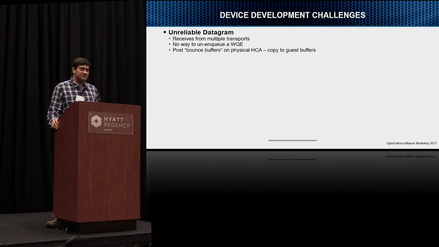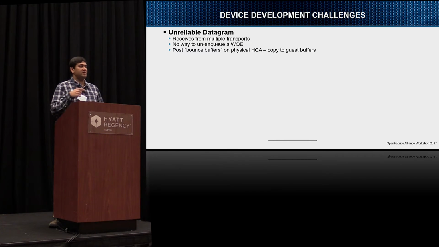The next aspect is unreliable datagrams, especially for receives. It's harder to figure out where you want to process the receive. Given that we had 3 different transports, we wanted to synchronize the fact that if a UD receive completes in the physical HCA, you also clear it out from the virtual queue pair, and tell the guest that it's completed correctly.